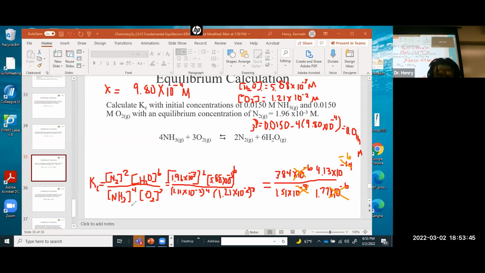So then I get Kc equals 1.05 times 10 to the minus 5. Is that what you got?